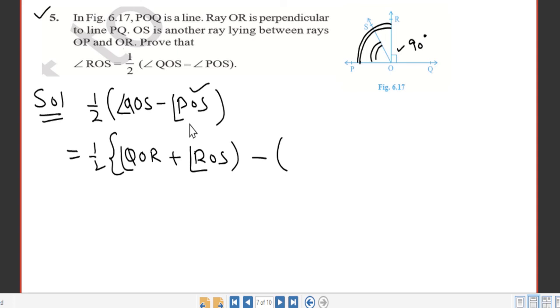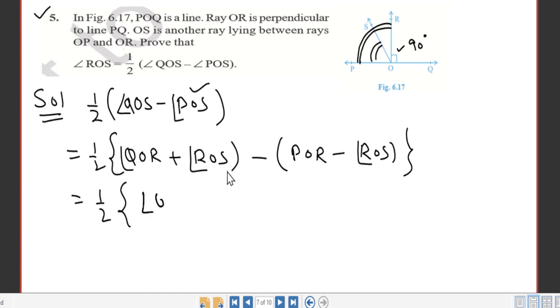Okay. So in place of this POS, we have to write angle what? Not 90, this: POR minus ROS, in another bracket. Now open the bracket. See, this is half, it is angle QOR. So QOR is what? It is 90 degree.